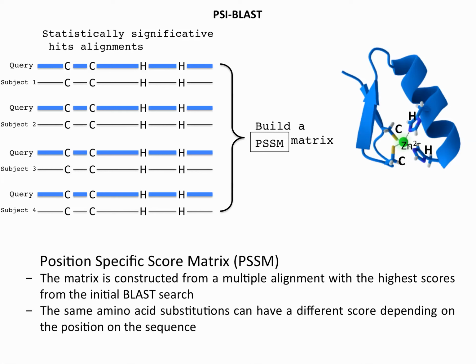These alignments of the sequences in the database that obtain a score above a specific threshold are used to compute a position-specific scoring matrix. These matrices are analogous to the classical substitution matrix, with the difference that the substitutions are specified according to the position in the sequence.